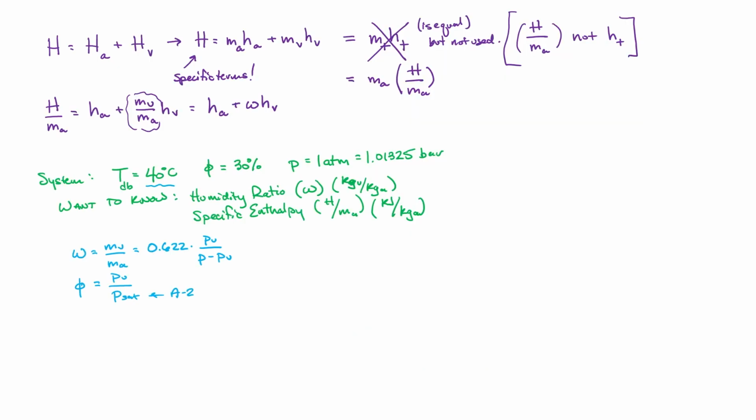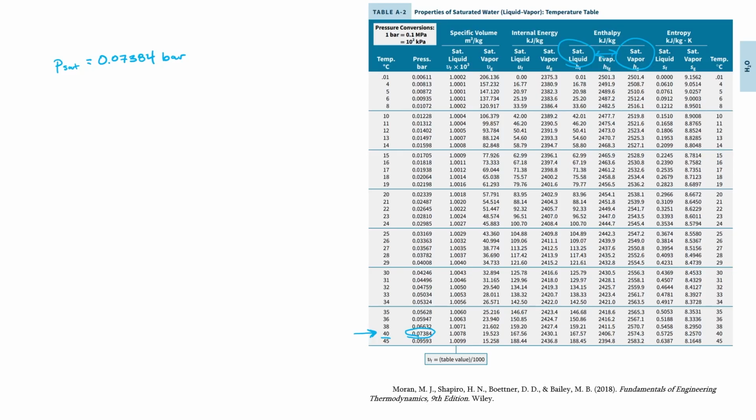So with that, I'll save some space. I'll throw it down in this next slide here. So I have my phi is going to be equal to my PV divided by my PSat.